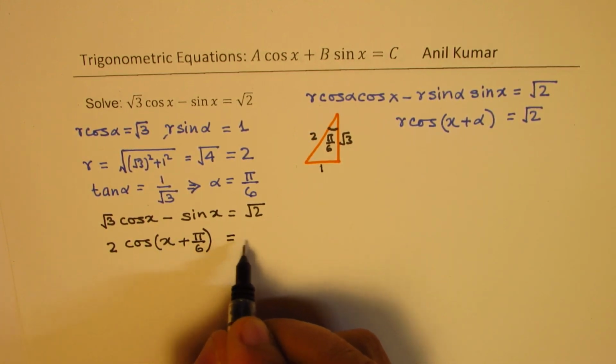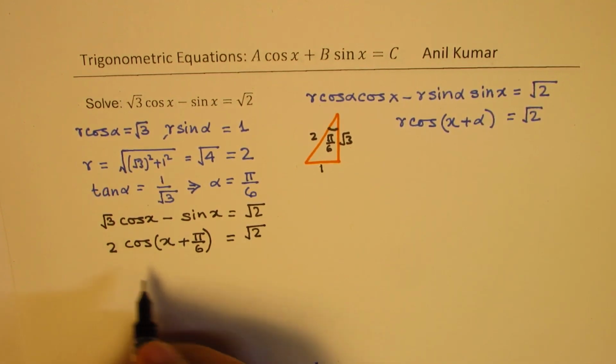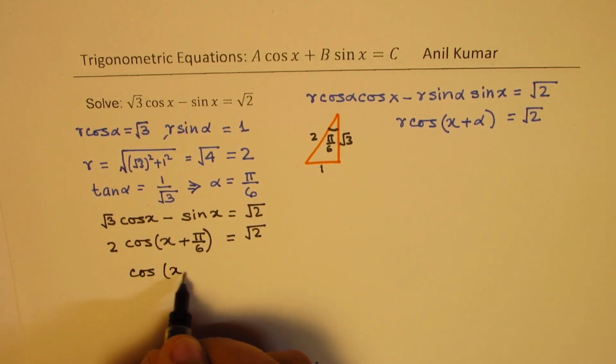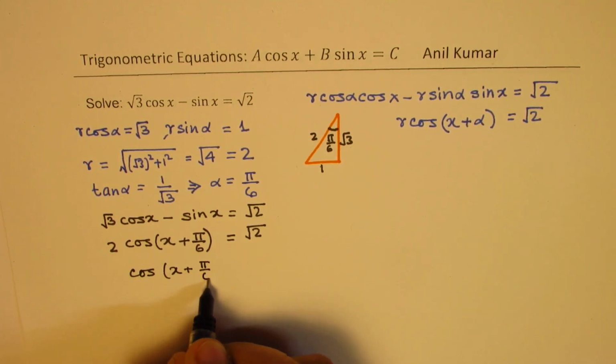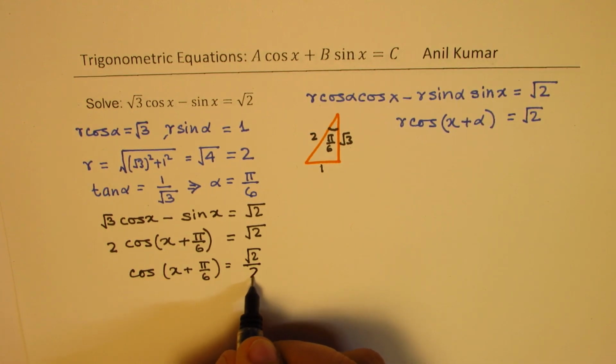And this is equal to square root of 2. Is that clear to you? Now we can isolate cos. So we get cos of x plus pi by 6 equals square root 2 over 2.